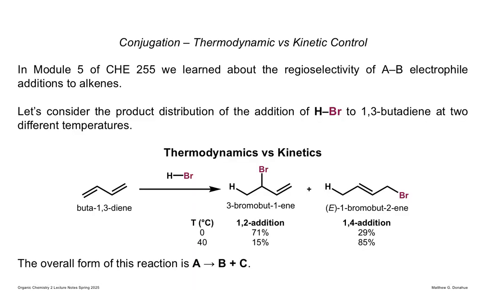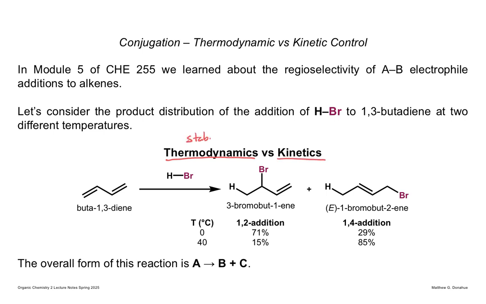So let's put all this into practice now by looking at an addition reaction involving a conjugated system. As we drill down into this, we're going to revisit these terms: thermodynamics versus kinetics.